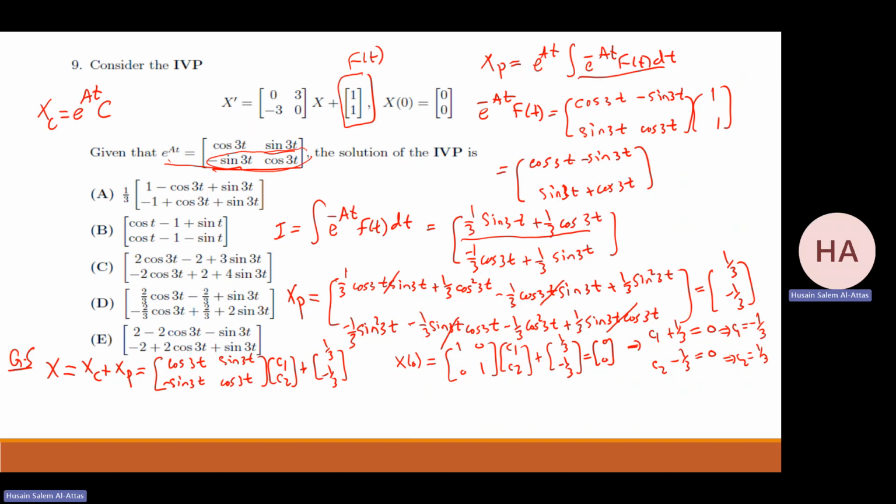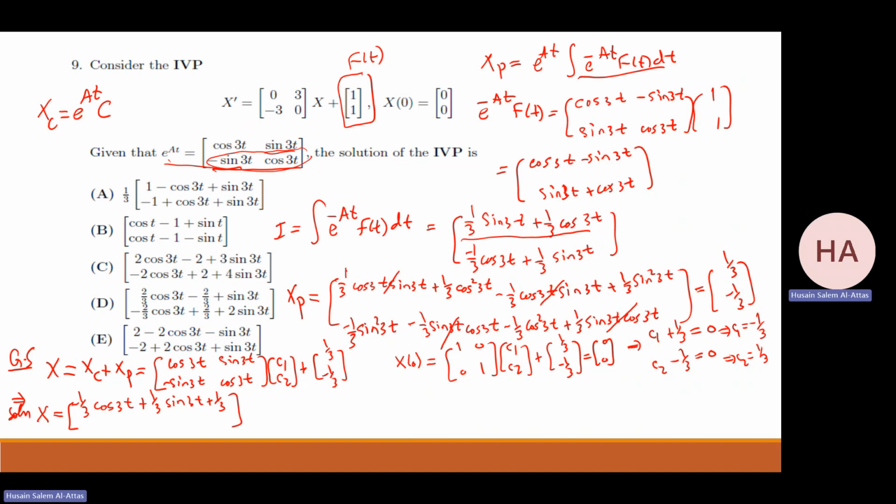So what will be my answer now? Yeah, be careful now. So my solution will be what? This is C1 minus 1, and this is plus, yes. So I have this times that. That will be C1, which is minus 1 over 3 cosine 3t, plus C2 times plus 1 over 3 sine 3t, plus 1 over 3.